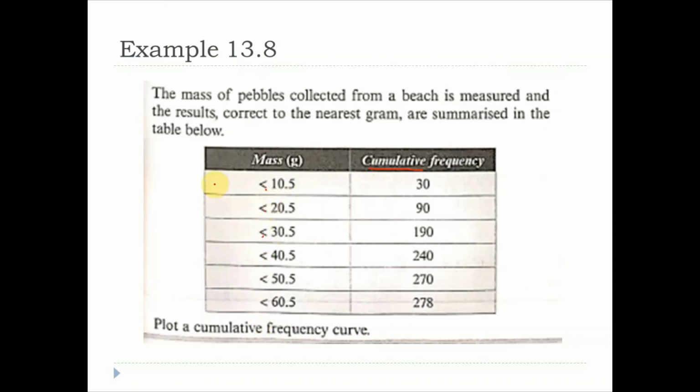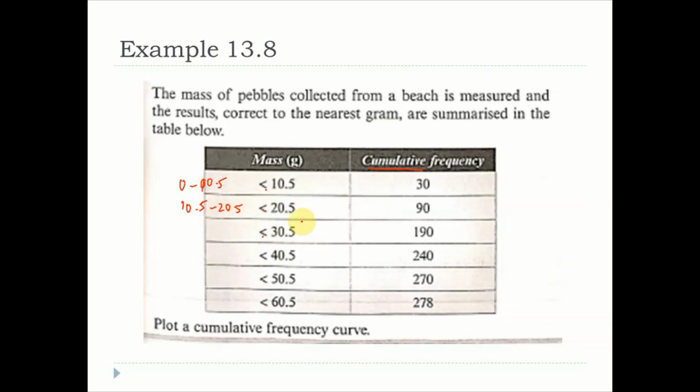Maksudnya sini adalah antara 0 sampai 10.5. Sini adalah 10.5 sampai 20.5. Macam faham tak? Sebab ini kan semua ke belakang kan. Maksudnya dia dah tambah semua. Tak apa. Nanti you faham kot.